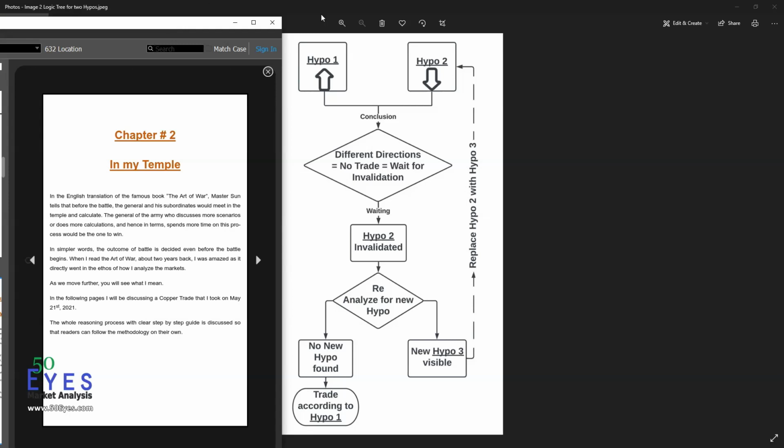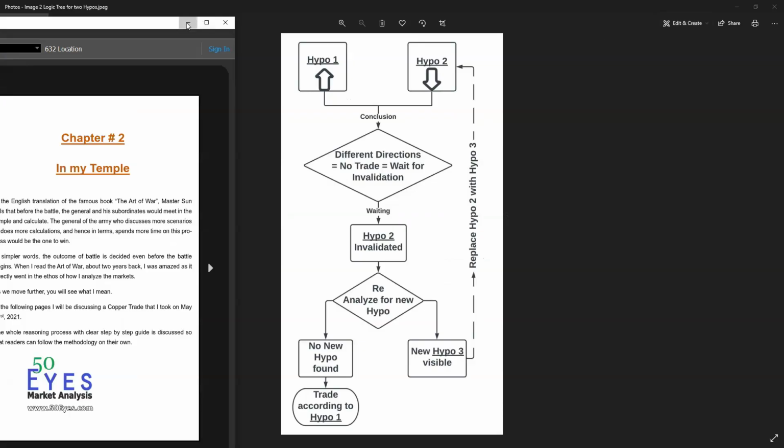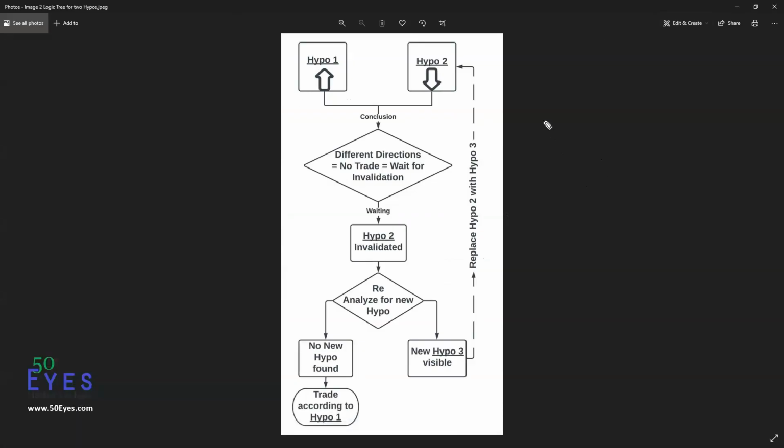He says that in a battle, there are two sides, right? One second. So in a battle, there are two sides, side number A and side number B, let's just say, for the sake of convenience. Both sides' generals will meet in the temple before the battle, right? Let's just say this is the temple, and please don't mind my poor drawing.